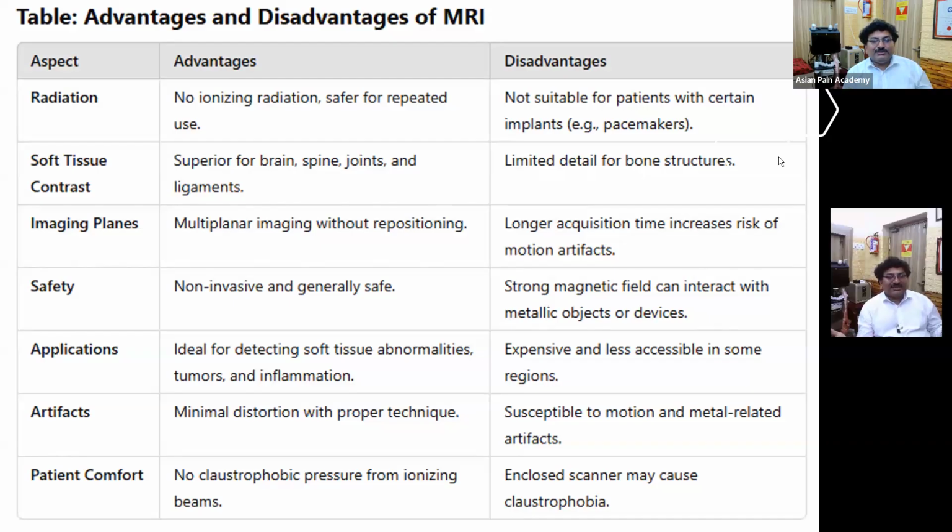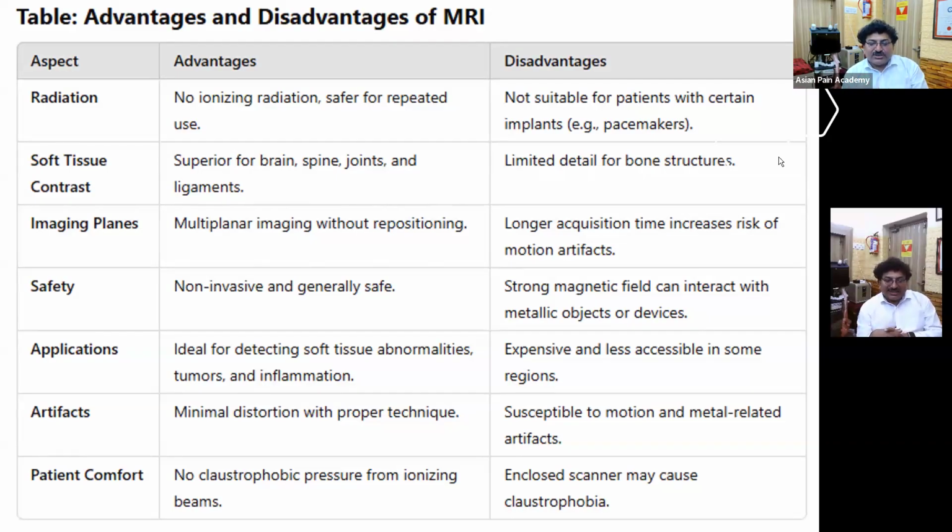Compared to X-ray and CT, we prefer the MRI. Imaging in planes, definitely MRI is superior, though CT can also show images in planes, and especially for the bony structure, you can get an alternative to the MRI as well. Safety: as it is non-invasive and uses non-ionizing radiation, it is considered to be safe.